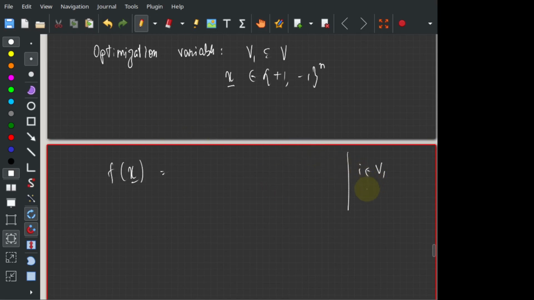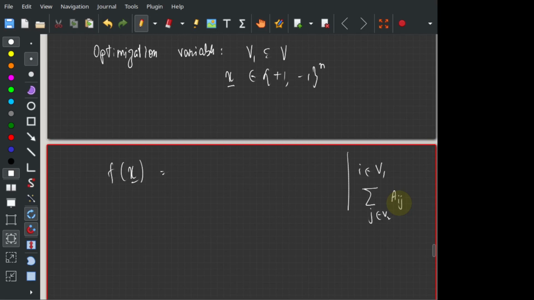Okay, so right now, even before going to x, I've given you V1 and V2, two sets. The number of edges going from i to V2 is the summation over all j in V2 of Aij. Do you all agree?